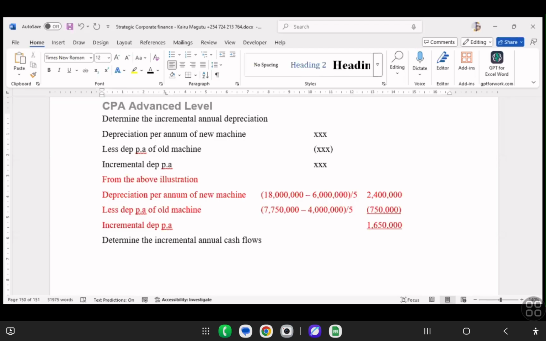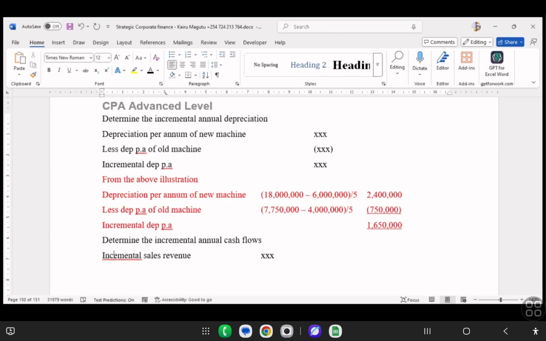Now, when determining the incremental annual cash flow, what do we consider? Number one, incremental sales revenue. The sales will increase as a result of getting a more efficient machine. It is likely to cause an increase in sales.